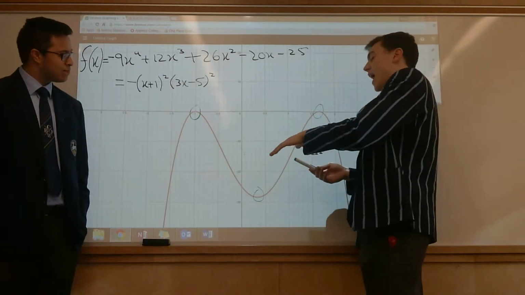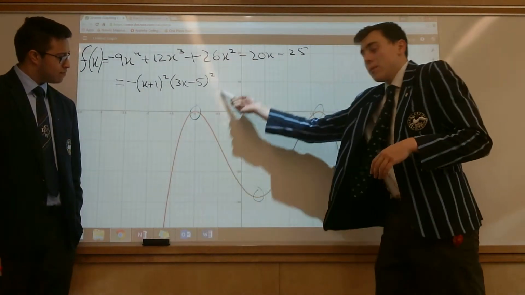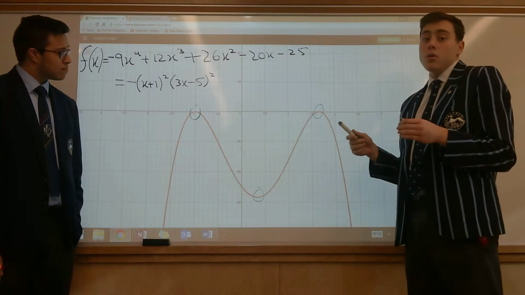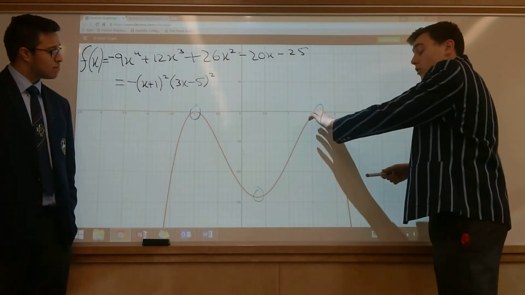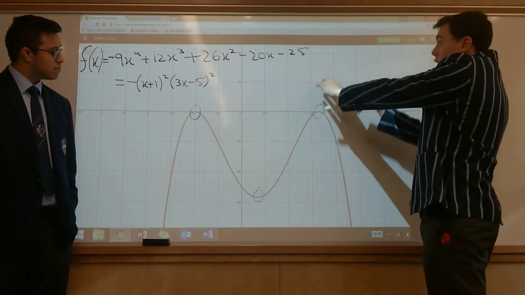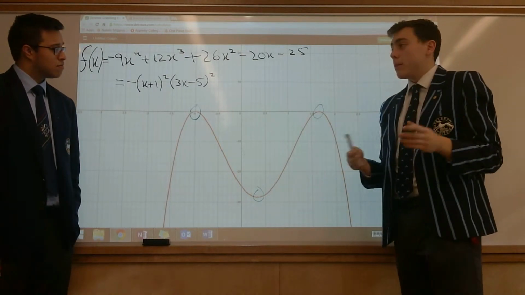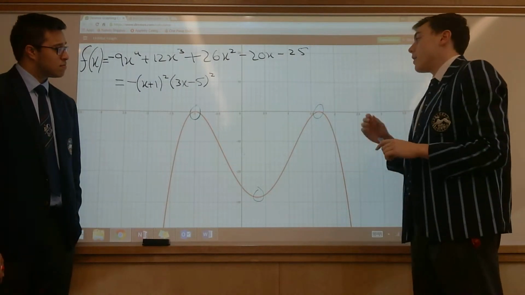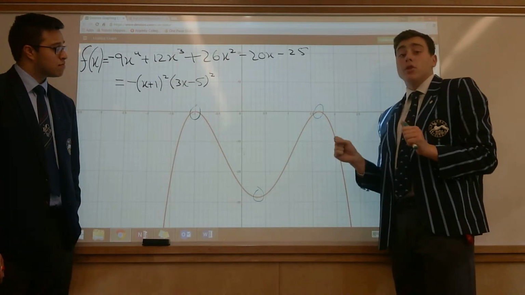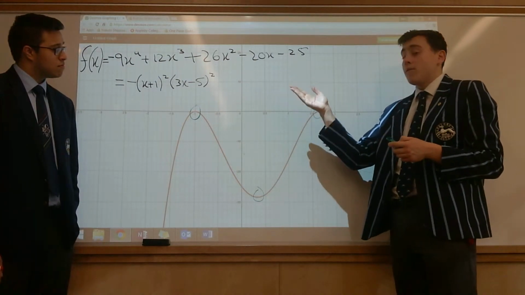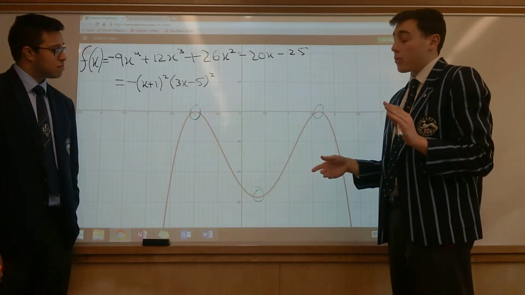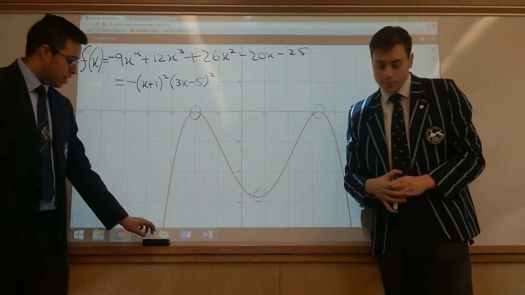Say this function had 0 turning points. This would just keep going, and the long-run behavior would be opposite. Say we took out this turning point right here. It would just keep going up, and it'd have opposite long-run behavior. Therefore, it must have an odd number of turning points. And for quartic functions specifically, it can only have 1 or 3. All right, I understand that now. Thank you.